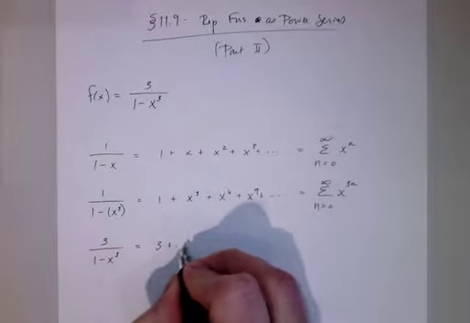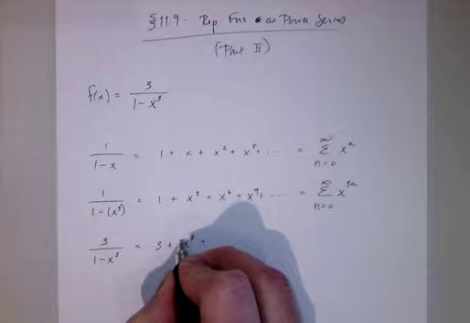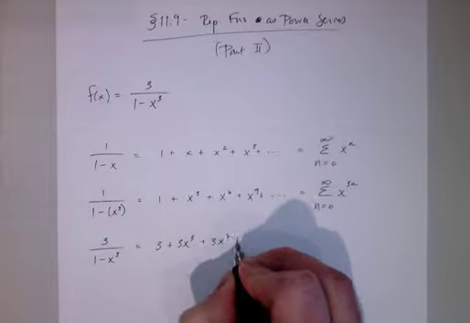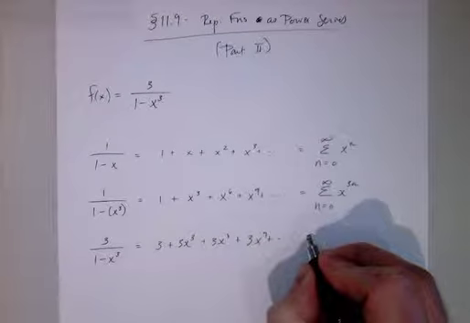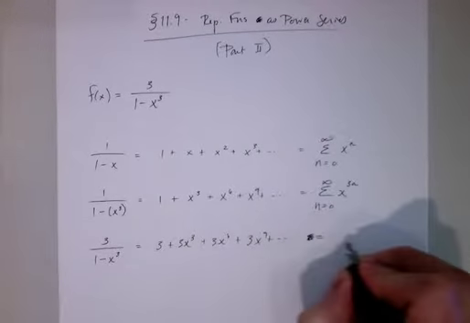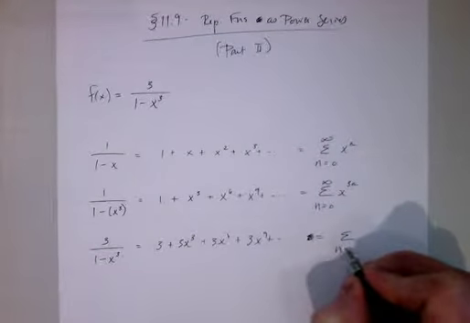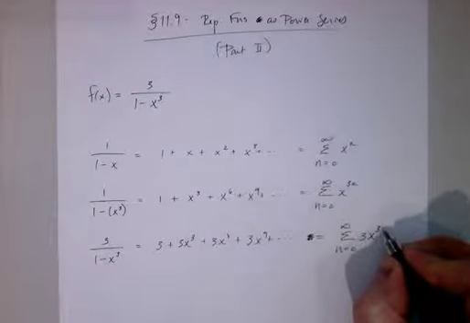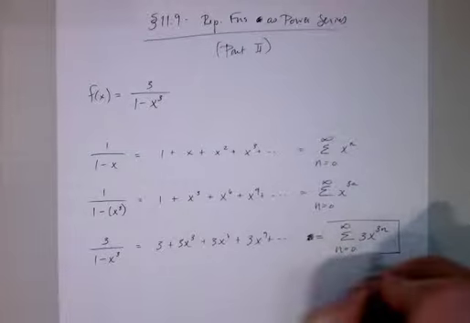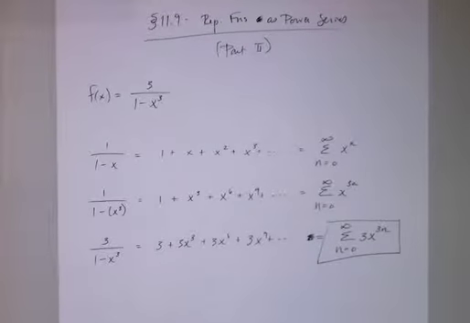It becomes 3 plus 3x cubed plus 3x to the 6th plus 3x to the 9th. And then I can either put the 3 out in front, or I can include it within the body of the sigma notation. Let's go ahead and include it in the body. And I wind up with that. That is the sigma notation representing this function f of x in terms of a power series.